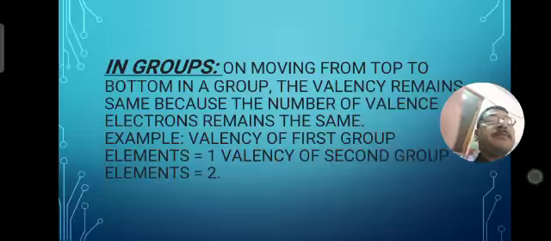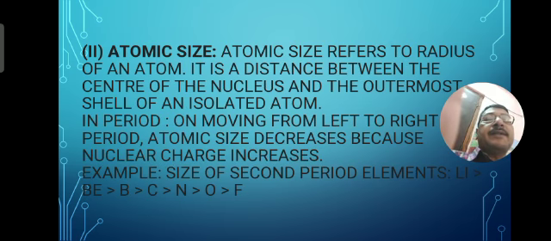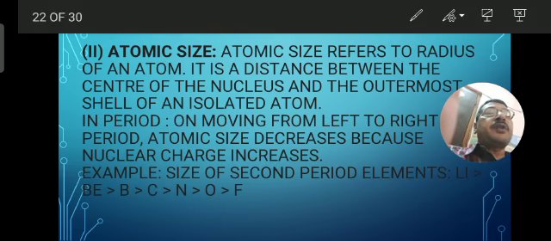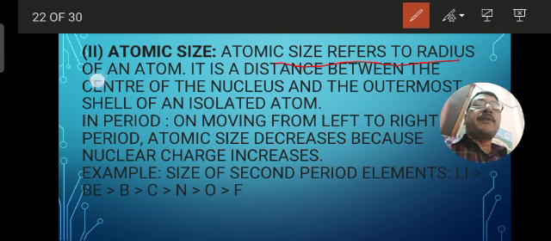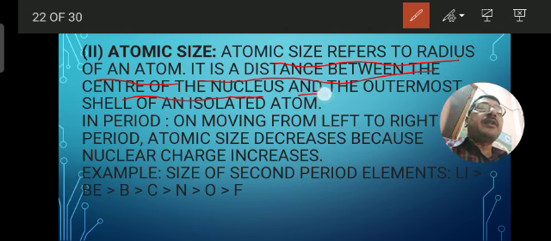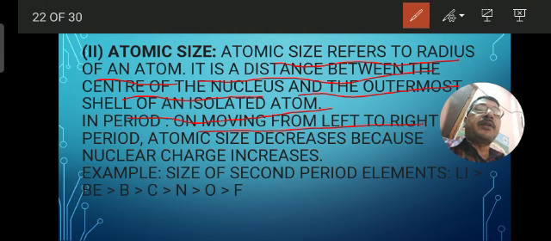Now next comes atomic size. What happens to the atomic size? Atomic size refers to the radius of an atom. Okay, it is the distance between the center of the nucleus and the outermost shell of an isolated atom. In the periods, on moving from left to right, atomic size decreases because nuclear charge increases.